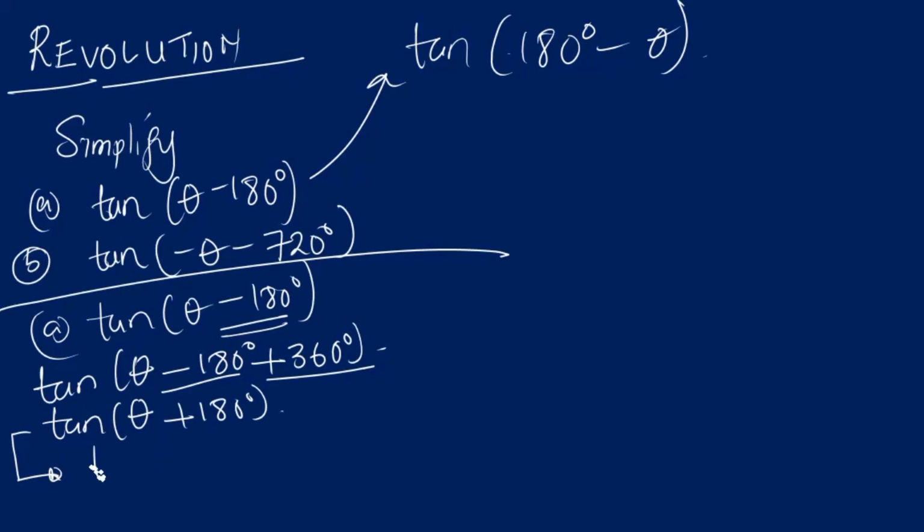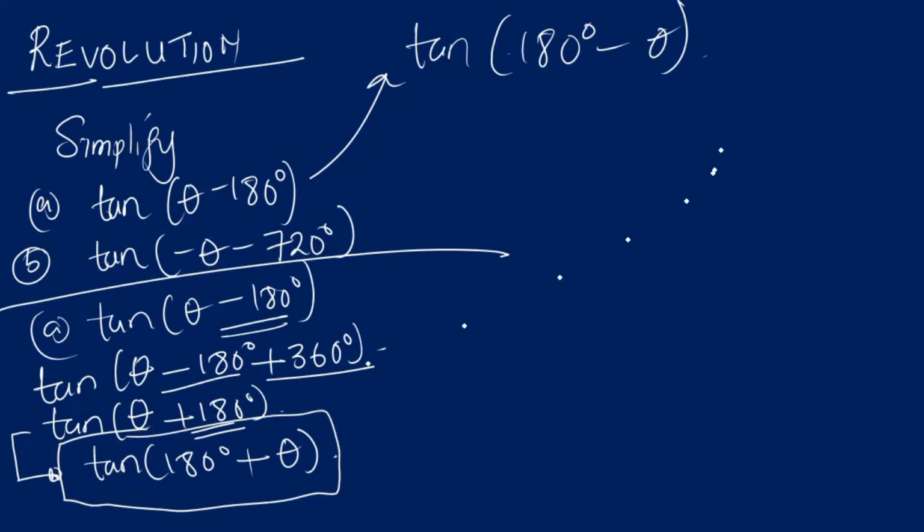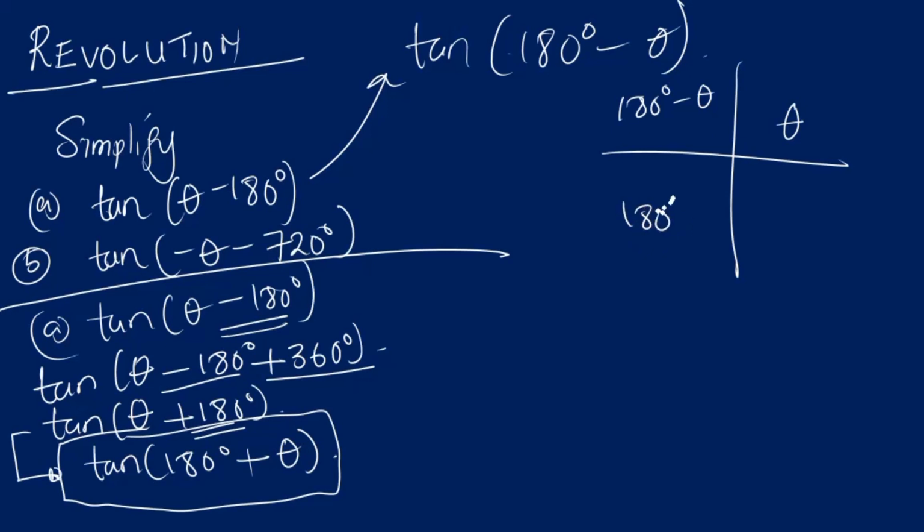So now I fix this. I put the 180 first. So here's the 180 degrees plus theta. Now when I have something like this, I have the standard form that I've always been working with. Standard form says this quadrant it's theta. This one is 180 degrees minus theta. This one is 180 degrees plus theta.